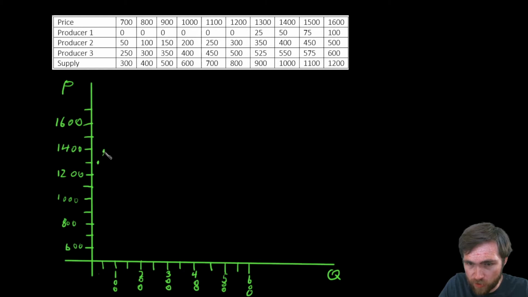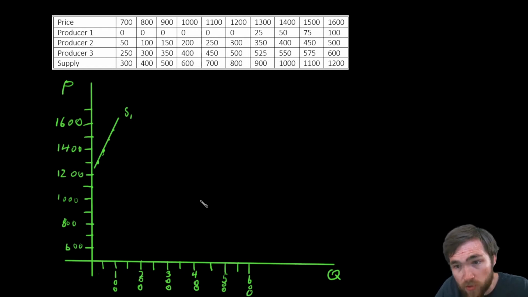So just a little bit more, 75, until finally they're at 100 whenever we get to 1600 in price. And we'll call this supply curve sub 1 to represent that it's producer 1.